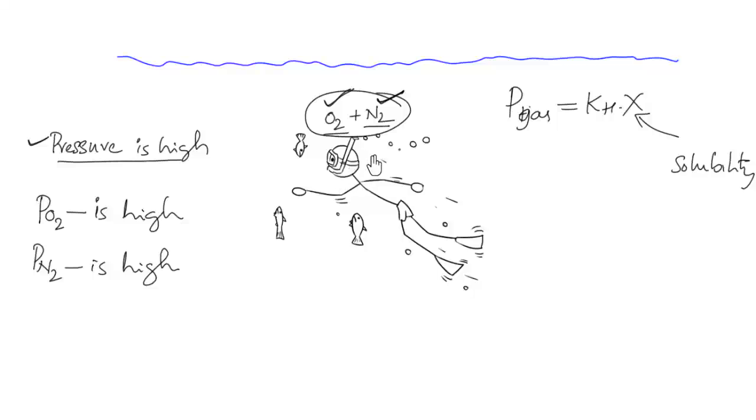This happens only when a deep sea diver comes towards the surface. Suddenly, when he comes towards the surface, the pressure decreases rapidly, and dissolved gases like nitrogen and oxygen are released, forming bubbles of nitrogen in the blood veins or the capillaries.